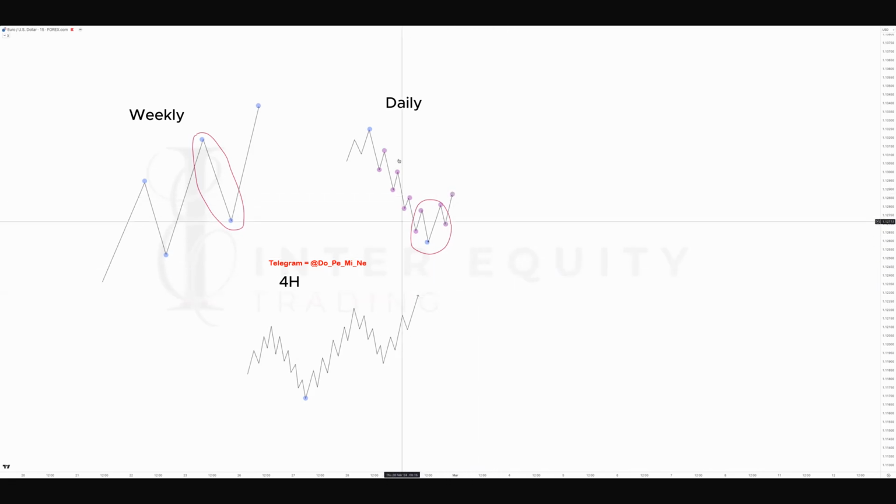Right, so if I mark this right here, the daily structure on the 4 hour, it will basically look like this. Right, so this is the lower low, the lower high, right? So this is this right here. This low right here is basically this low over here on the daily.